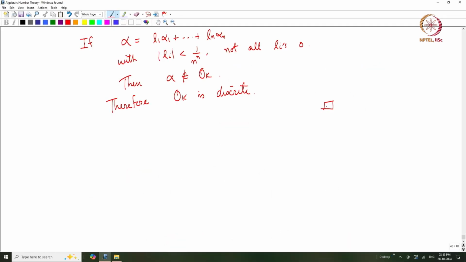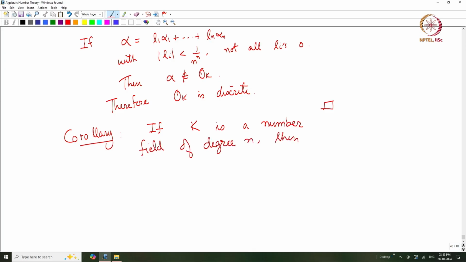So, it took quite a while, but this is an important proposition. As a corollary, we get the following: if k is a number field of degree n, then OK is a free Z module of rank n, right.